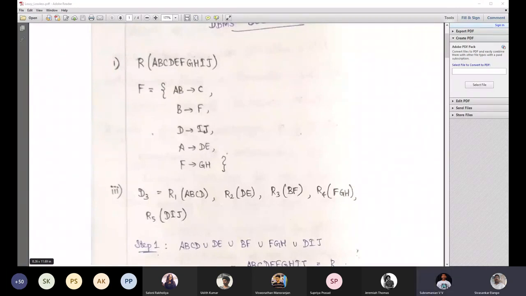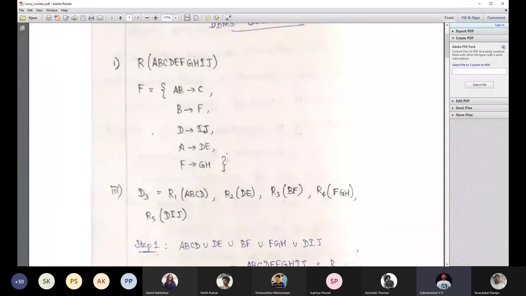Yes, sir. So taking the intersection of A with any other relation other than R1 would give a null because of the absence of A in the other relations. So we take A intersection R1, which is A, B, C, D. So A is the answer, and then taking closure of it.